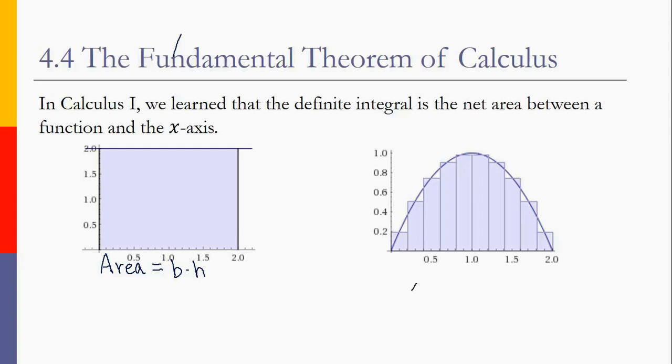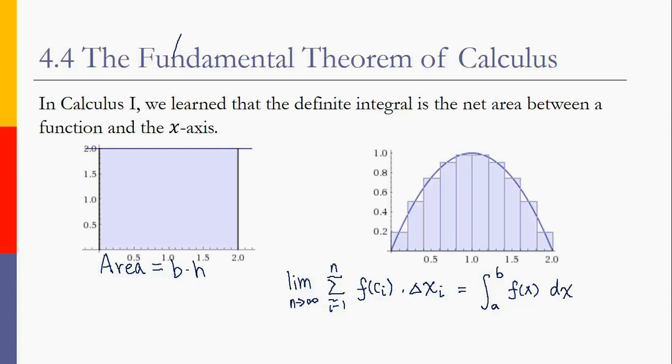Each one has length delta x_i, and the height is f of c_i for some point on the interval. And we add up all these n subintervals and then take the limit as n goes to infinity to get the definite integral from a to b of f of x with respect to x.